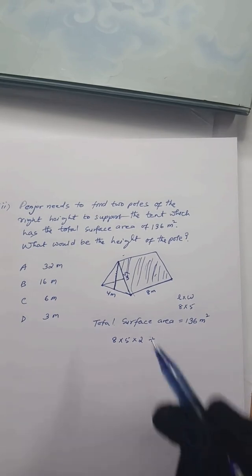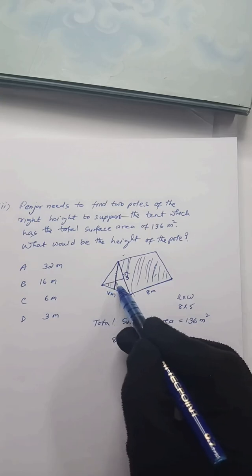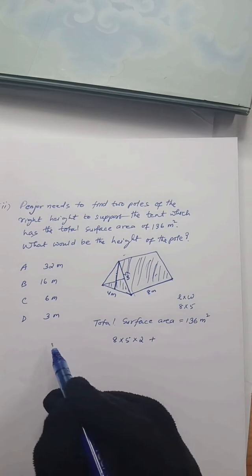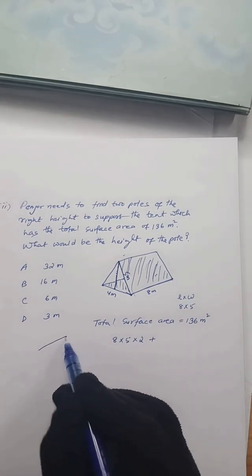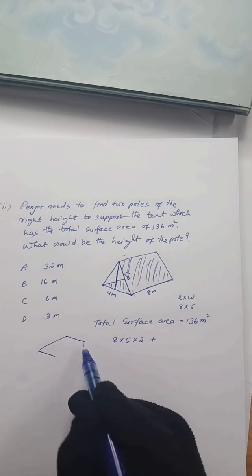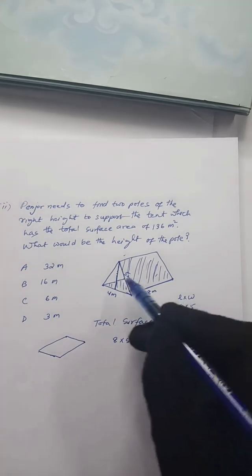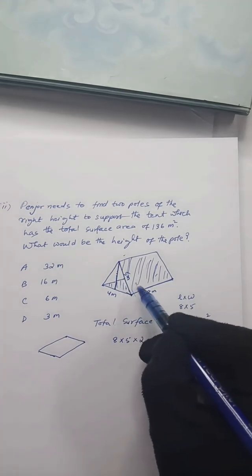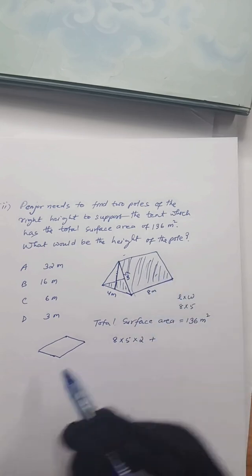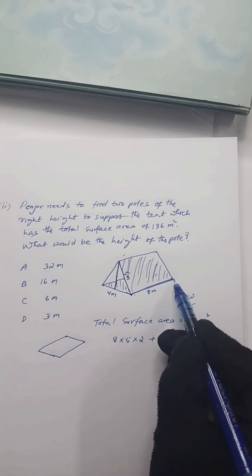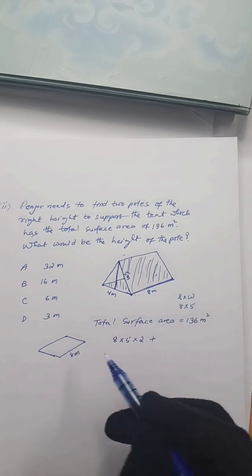Now I have a rectangle at the base again. And if I take out the rectangle at the base, it is going to look something like this. We cannot see everything, but we know that some part of the rectangle is hidden by this roof. So the length is going to be the same, 8 meter.